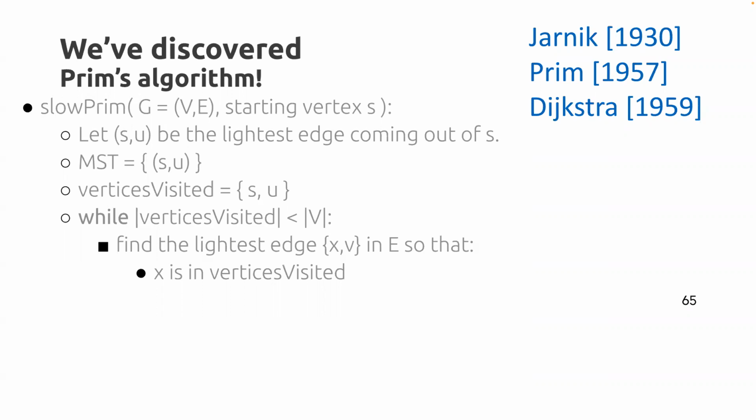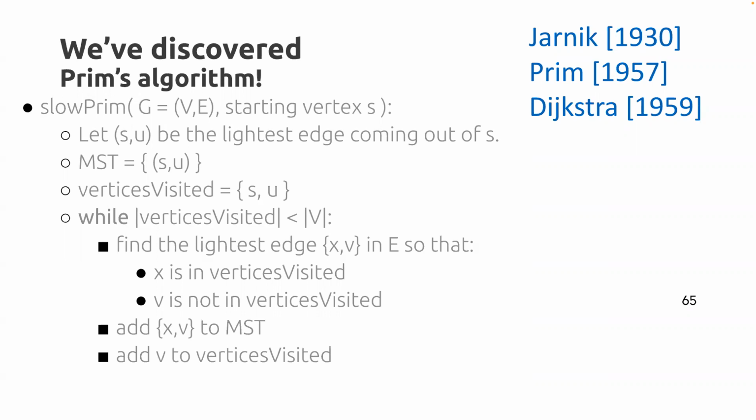So this is an edge crossing the cut, right? Then we add that edge to the MST. We add v to visited, so we add it to the ones we have already been to. And then at the end, once we're done with this while loop, we return the MST. So this is the algorithm that we walked through. This is the algorithm you guys described.